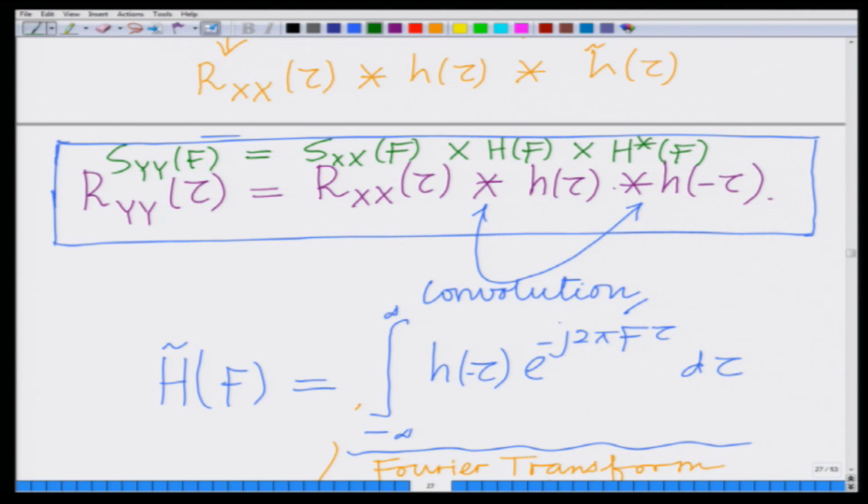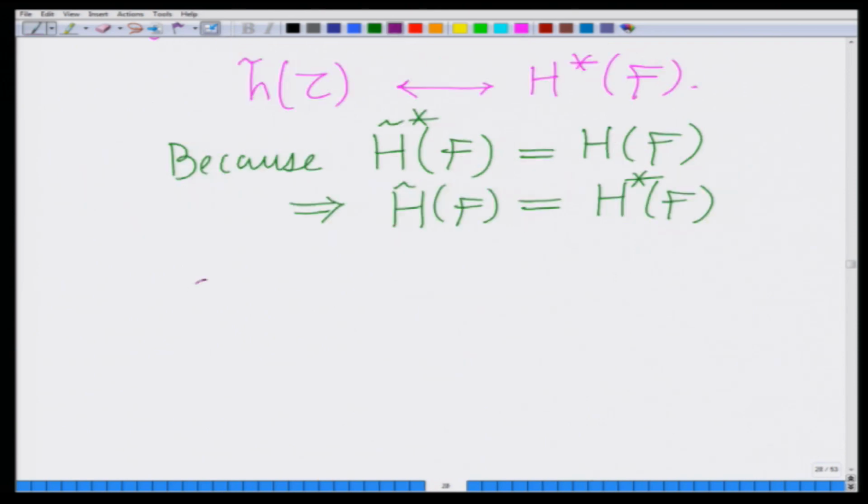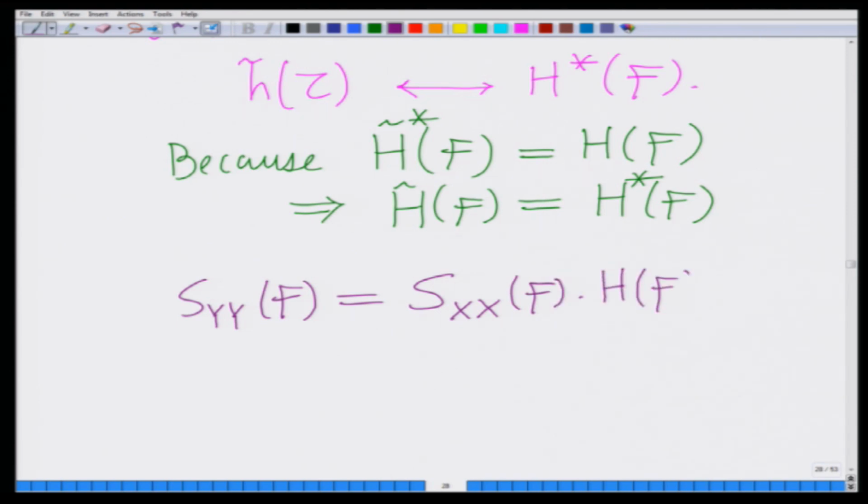And now you can see h of f times h conjugate of f is nothing but magnitude h of f square. Therefore, I can write a very interesting result for the power spectral density: S y y of f equals S x x of f times magnitude h of f square.